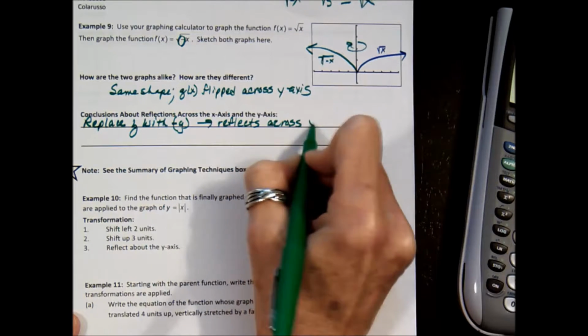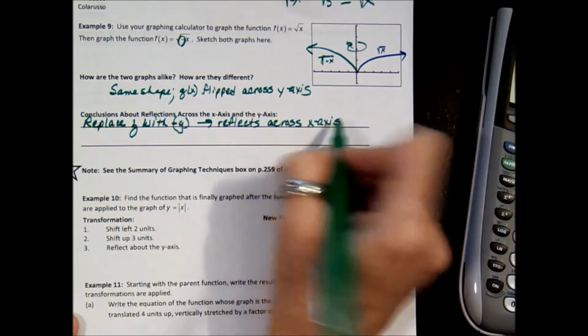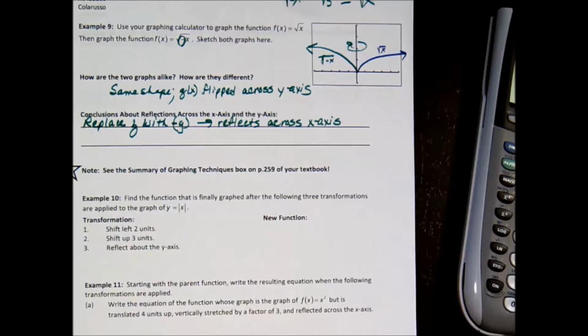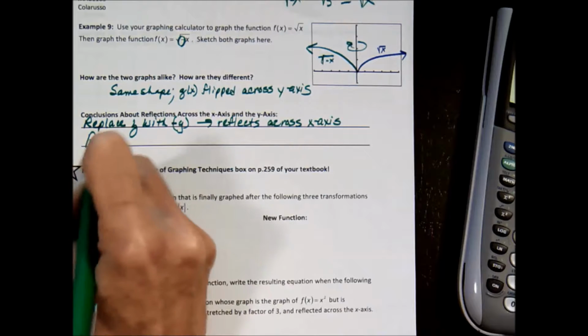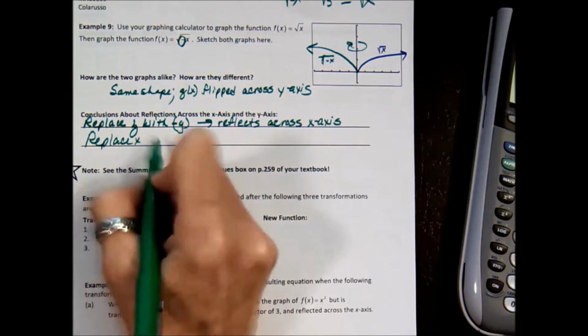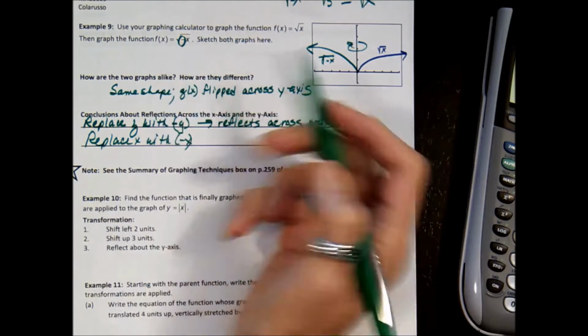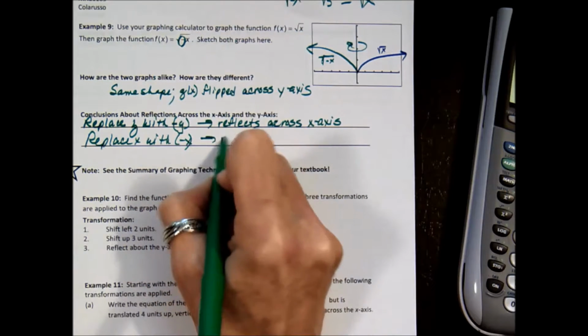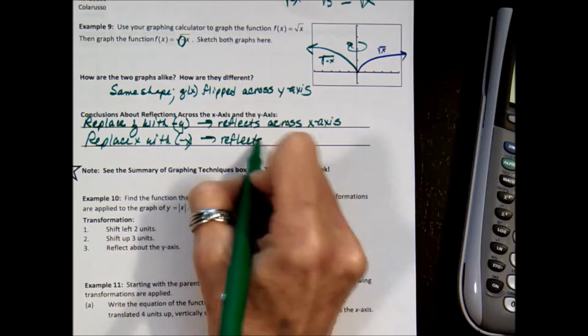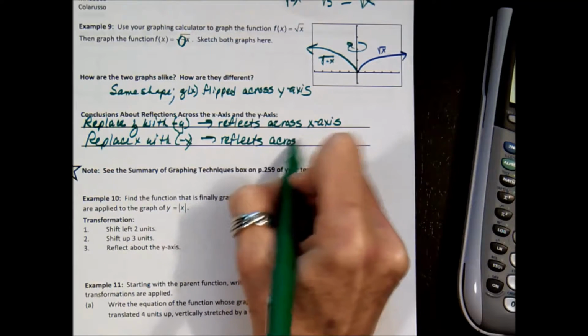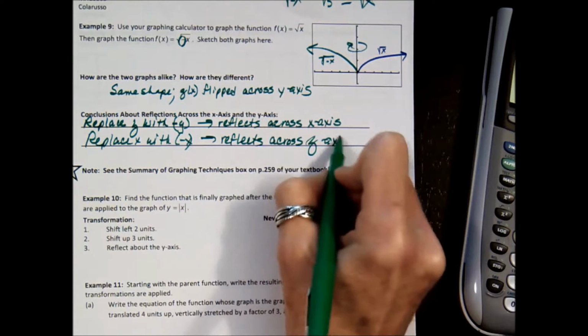And we actually already knew that because we did that when we did symmetry. Okay, that was example 8. When you replace x with negative x, like we did here inside of the function, that reflects across the y-axis. And again, we already knew that because we did that with symmetry.